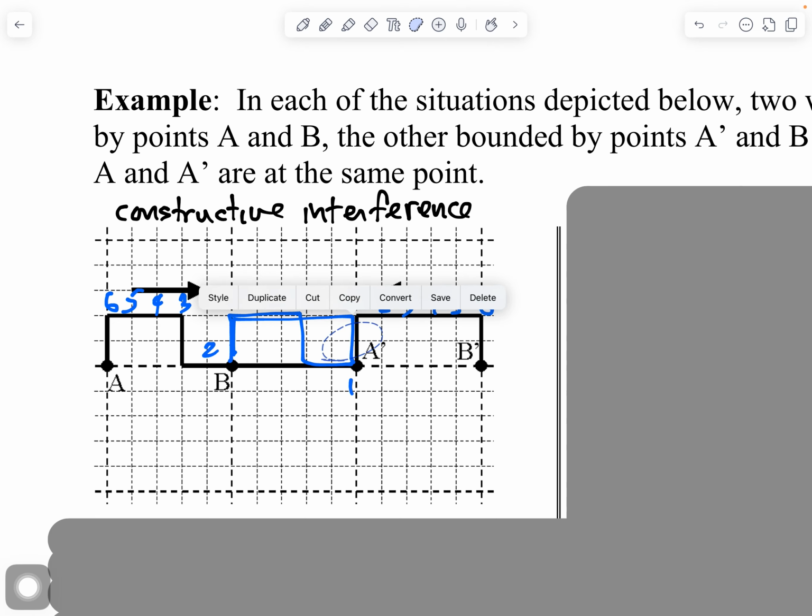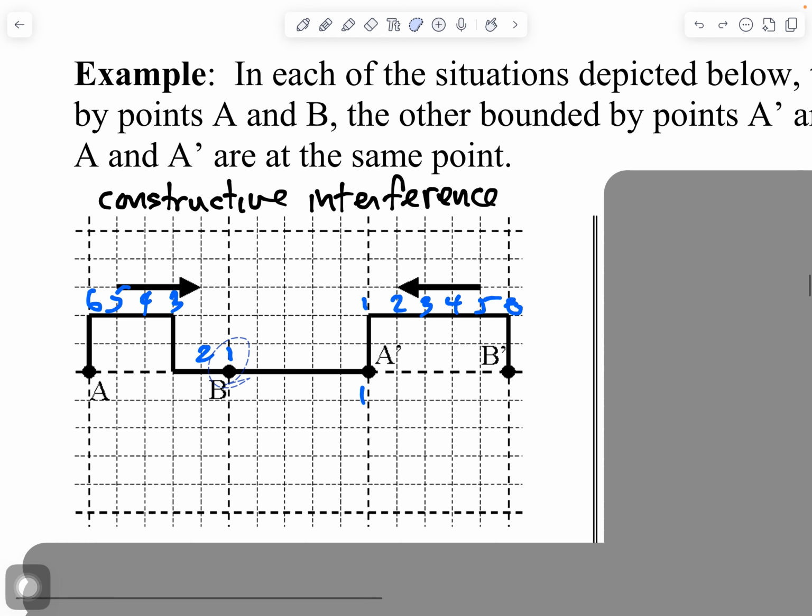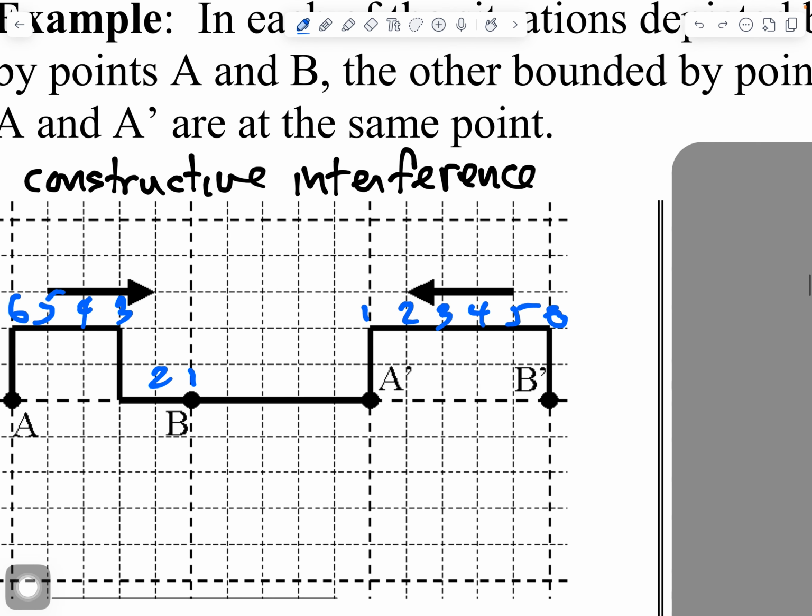I'm adding these points in such a way where these two regions will overlap. So if I add 0 and 2, I get a point of 2. I'm going to plot a point of 2 right here, so it goes up to that point.